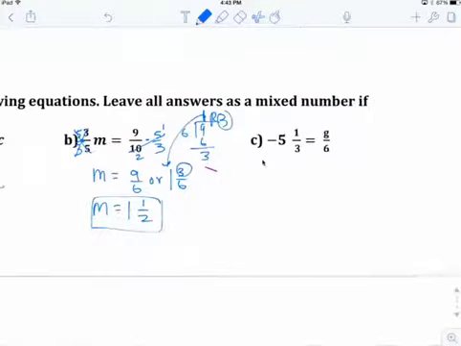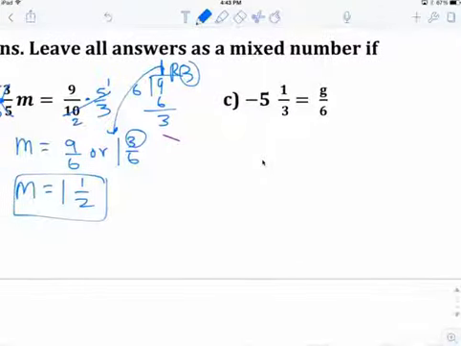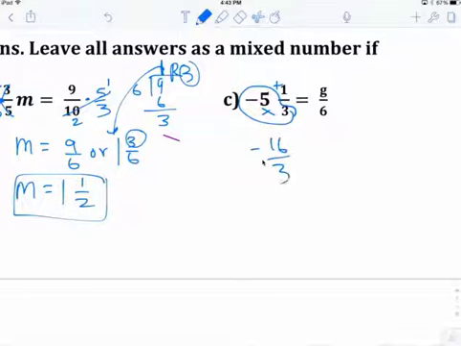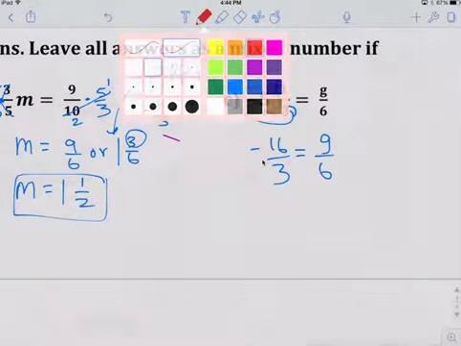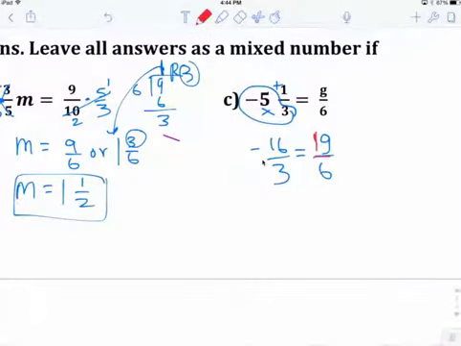Okay? This one here. Okay, for multiplying and dividing, you need to make it improper. Negative 16 over 3 equals g over 6. This is, remember, it's a 1. So the reciprocal is 1 over 6. This time 6 over 1 times 6 over 1. Cross cancel. 2, 1.